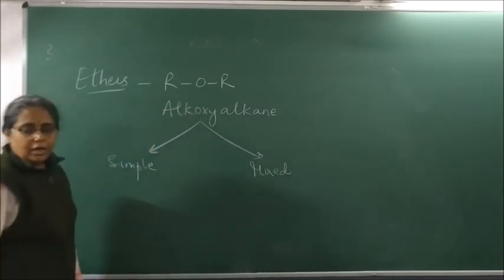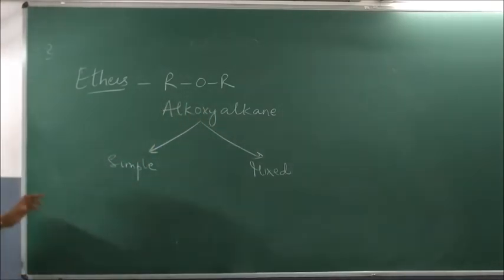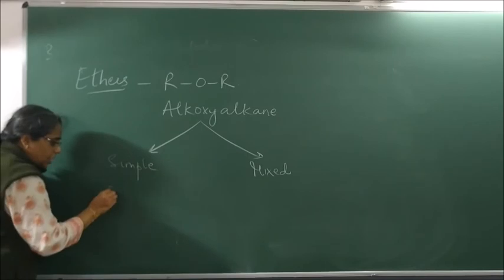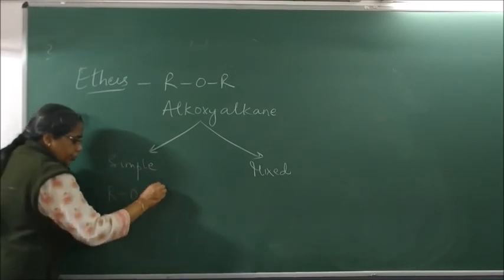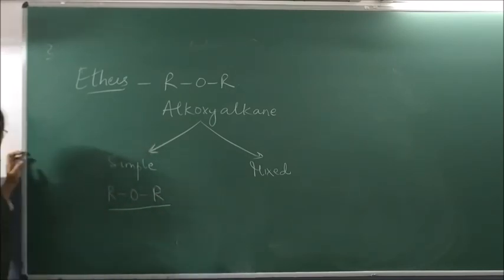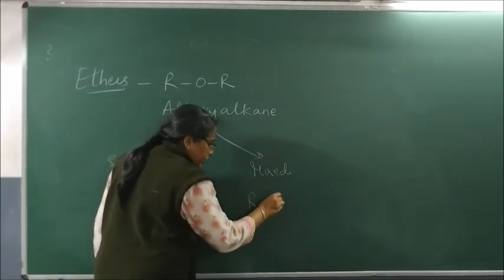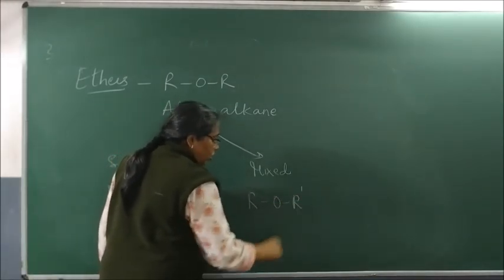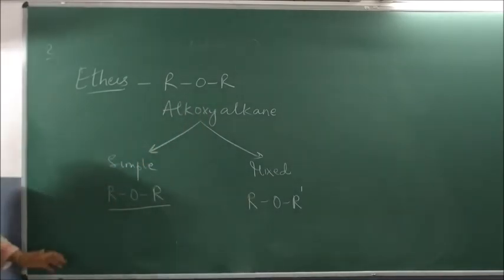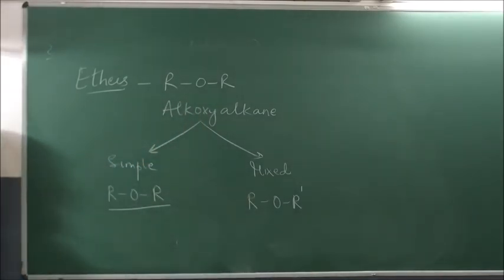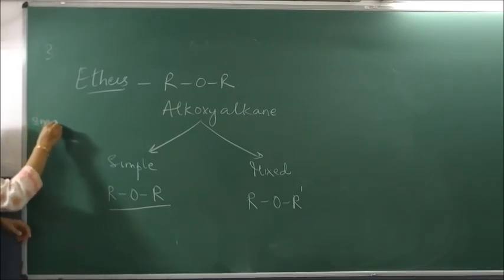Simple ether means both the alkyl groups are the same. If one of the alkyl groups is different, it is called a mixed ether. In naming of ether, always remember the smaller alkyl group.